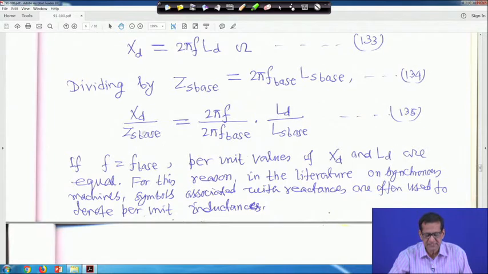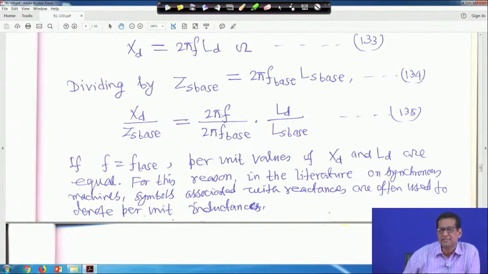So, xd upon Z base is equal to 2 pi f upon 2 pi f base into Ld upon L base. But if f is equal to f base, then xd per unit will be equal to Ld per unit. So, per unit xd and Ld are equal because f is equal to f base, which is generally true. Therefore, if the per unit inductance is given numerically, that is nothing but the per unit reactance also.